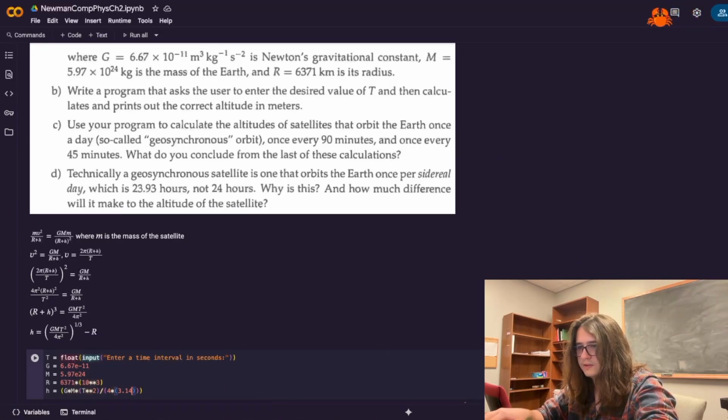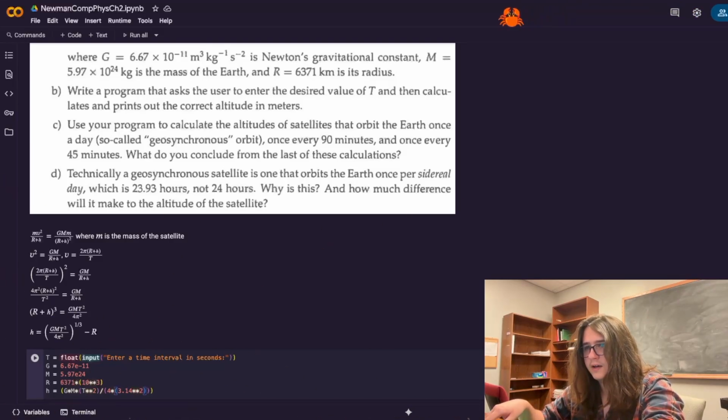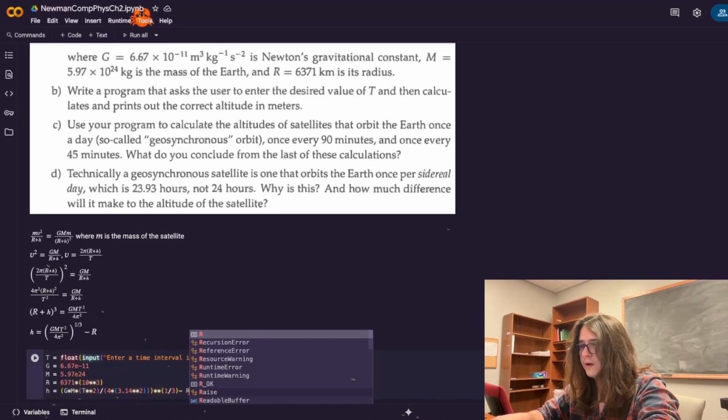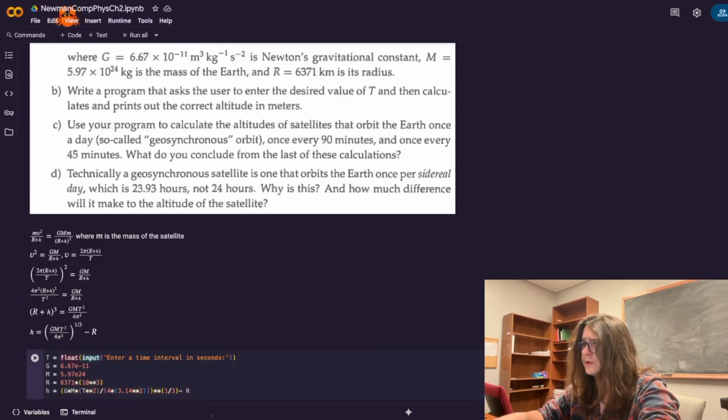That should be plenty of digits. Then outside of that whole thing, raise it to the power of 1/3, and then subtract R. And I think that should work.